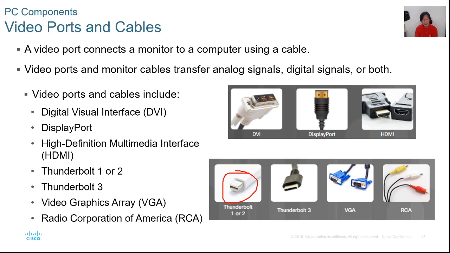Much older is what we call the Radio Corporation of America, or RCA. These are used on some older audio. The white and the red here are for audio, and this one here is the standard for video. So video and audio combine in this RCA.